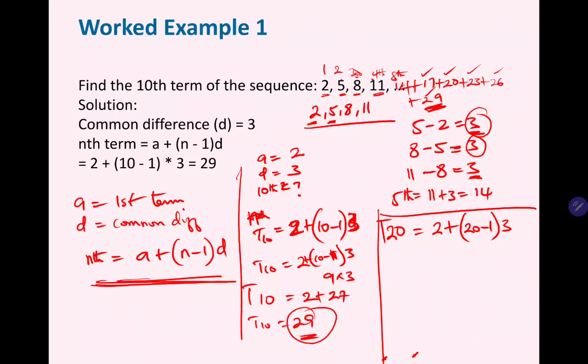This will give you the 20th term. And this is the same thing as 2 plus 19 times 3, 57. And the 20th term is the same thing as 59.